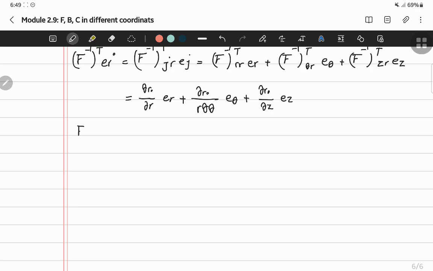Then I have to find F inverse transpose E theta 0, which is F inverse transpose J theta EJ.